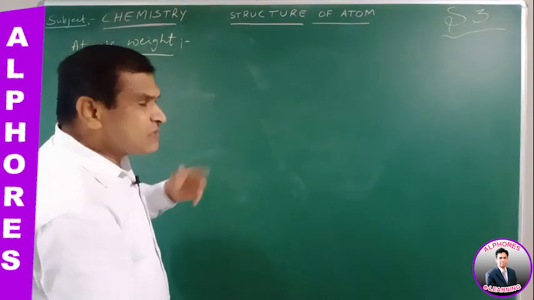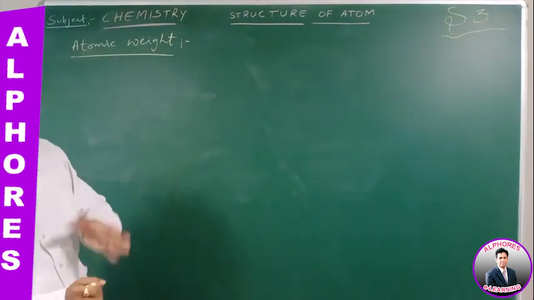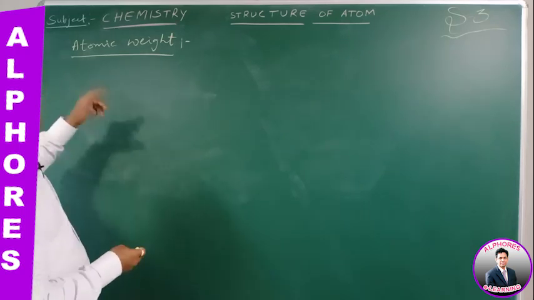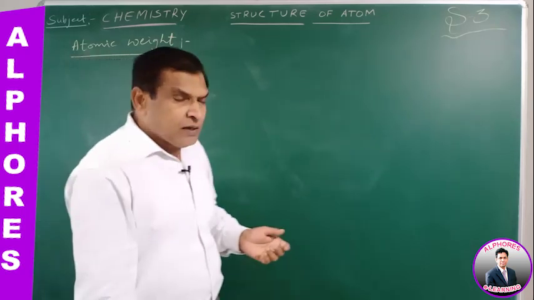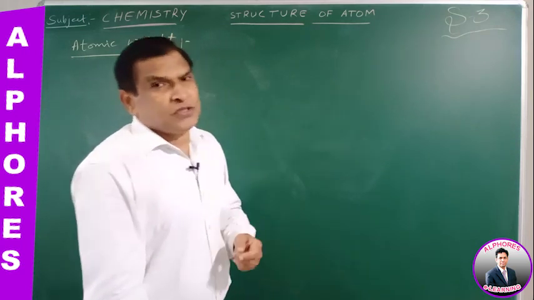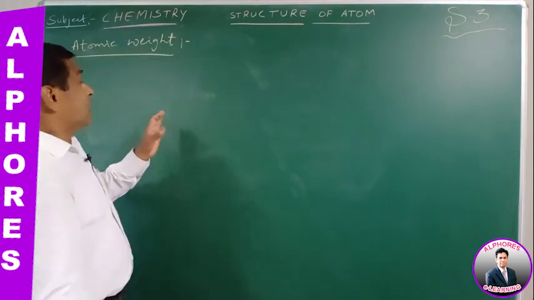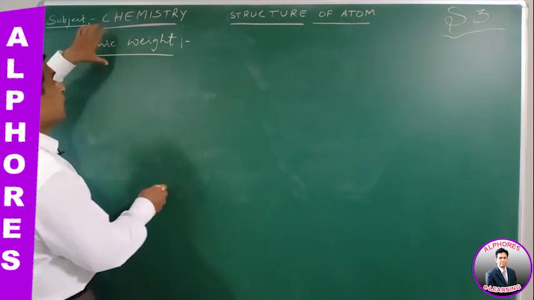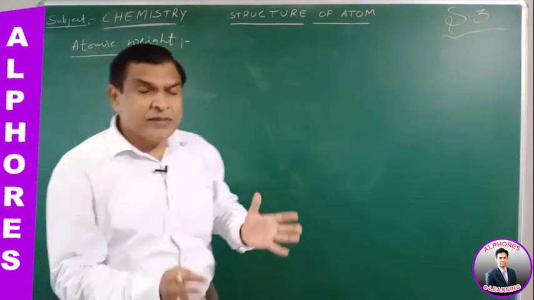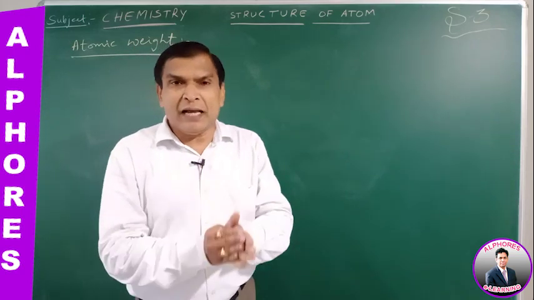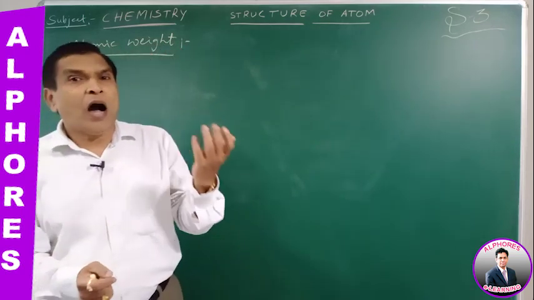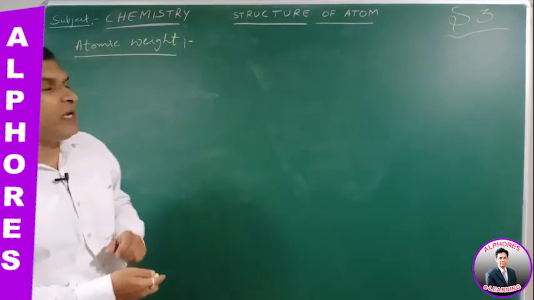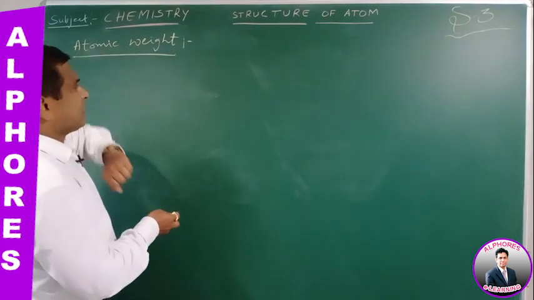The mass number is a whole number for any element, it cannot be fractional. Whereas atomic weight can be a whole number or a fractional value, because the atomic weight of an element is calculated as the average of isotopic masses.